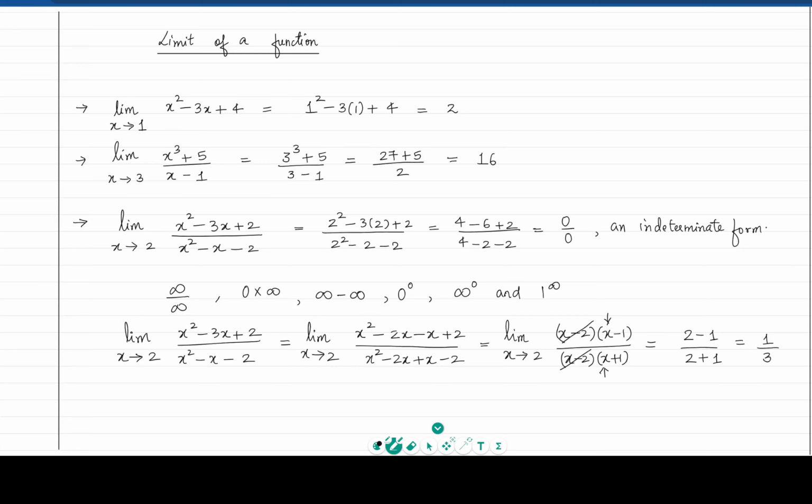Let us look at another example to understand this a little more. Here in this question we have the limit of x squared minus 9 divided by x minus 3, and x is approaching 3.